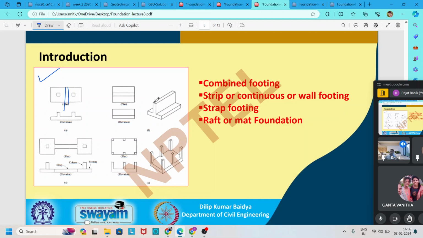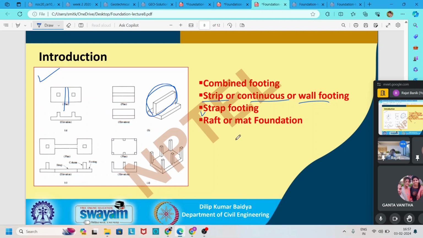Then if the foundation is below a wall or continuous wall, it is called the strip footing or continuous footing or wall footing. Then strap footing, if two foundations are joined by one beam, then it is called the strap footing.